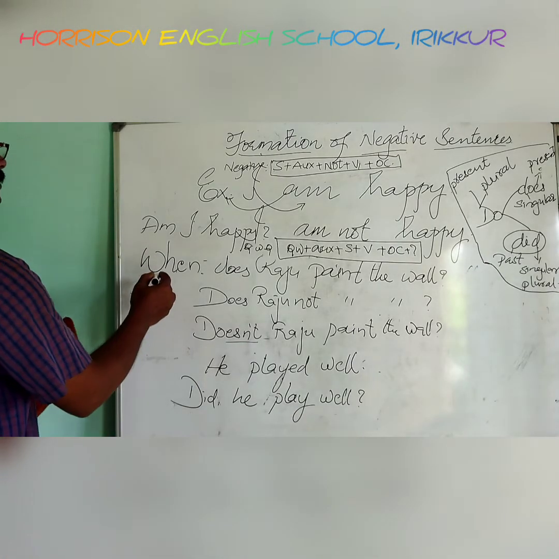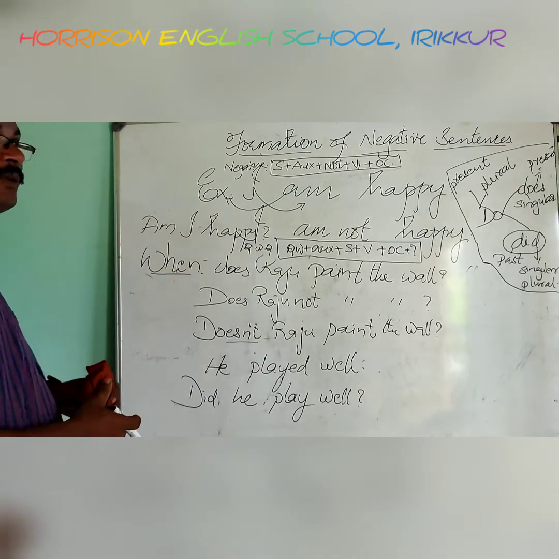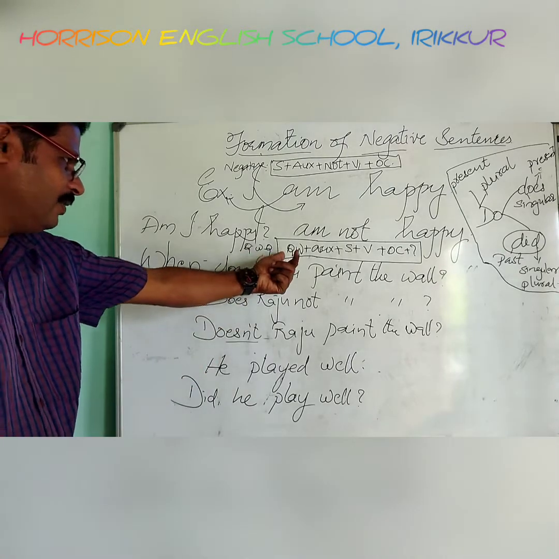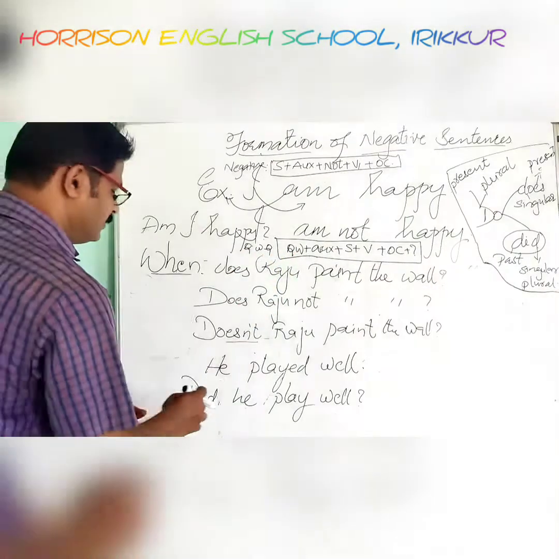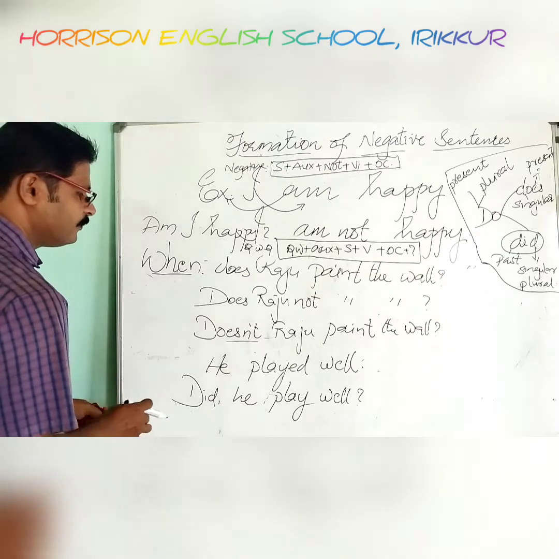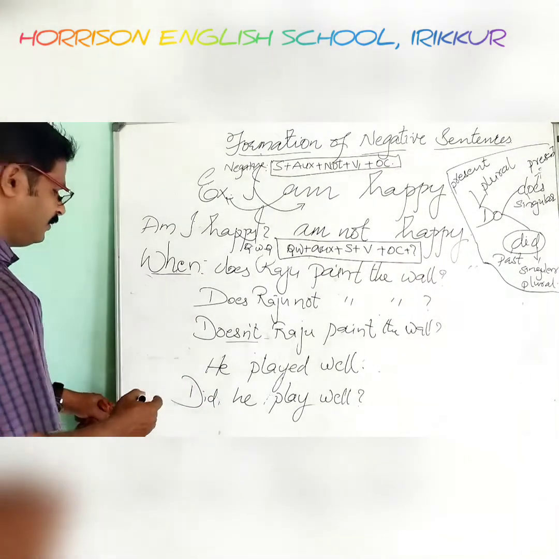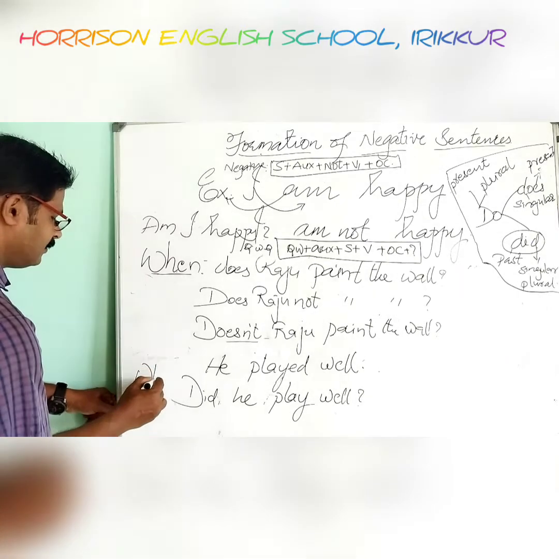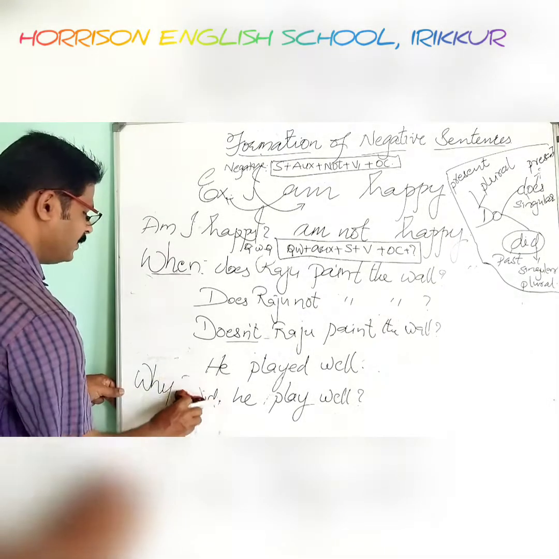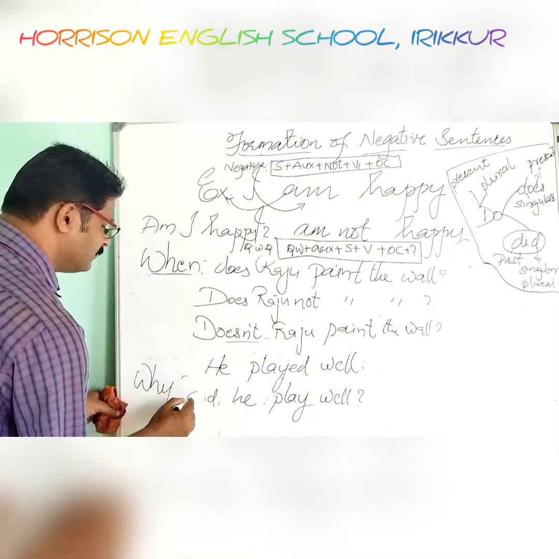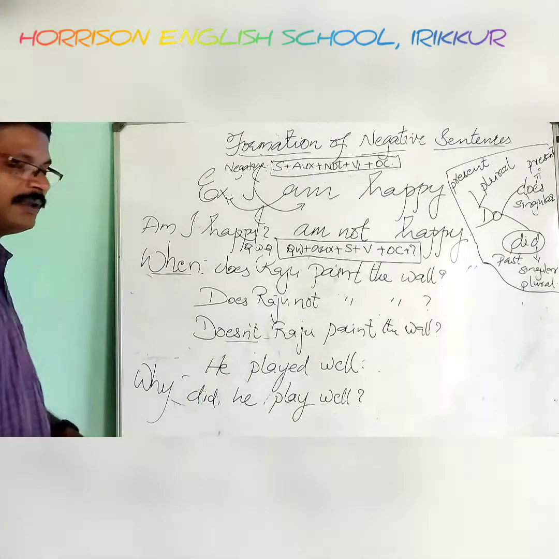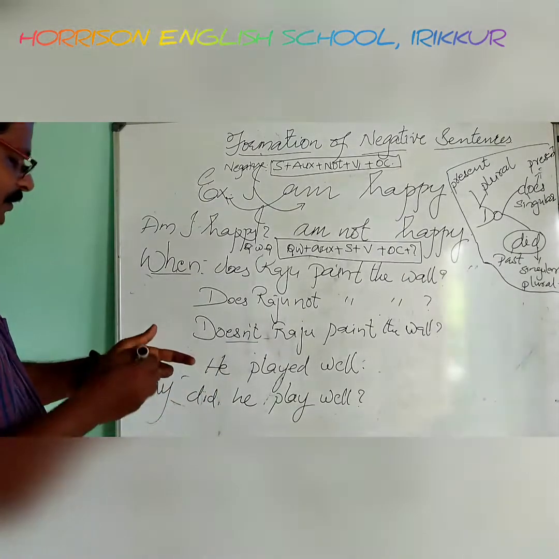So we can use a suitable question word, keeping the same format, only adding a question word. Did he play well? You can say why. Why did he play well? So whatever you want to say, that's the beauty of English.